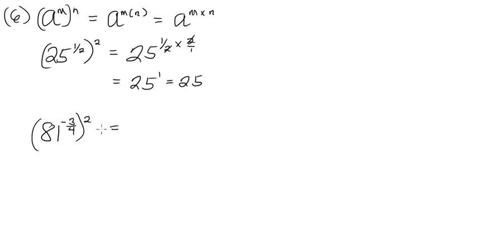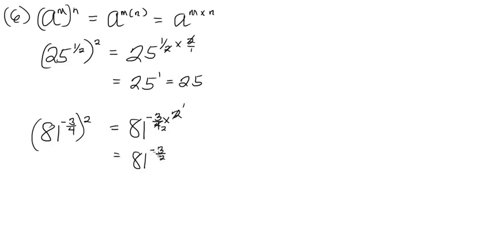So this means 81 raised to the power of minus 3 over 4 multiplied by 2, isn't it? Good. So 2 here 1 and 2 in 4 gives me 2. So I have 81 raised to the power of minus 3 over 2.